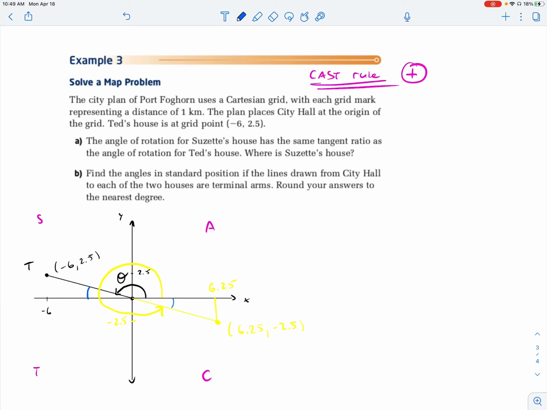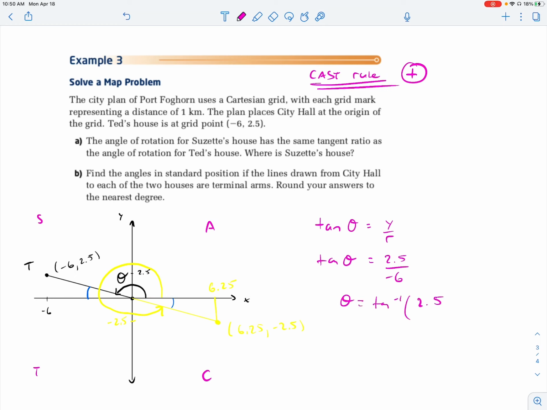Okay, so let's go ahead and try to figure this out. Tan of theta needs to equal, remember my tan ratio, it's always y over x. So it needs to equal 2.5 over -6. If I want to find theta, I have to do tan inverse.